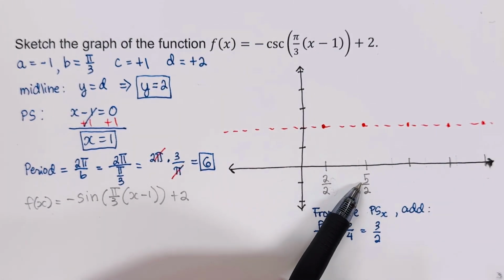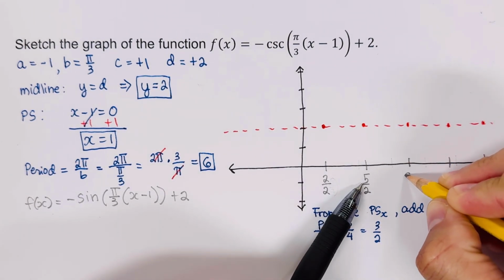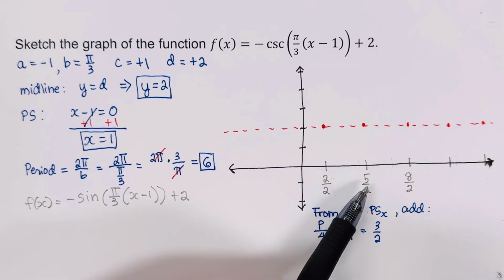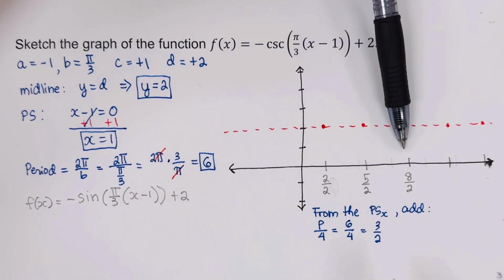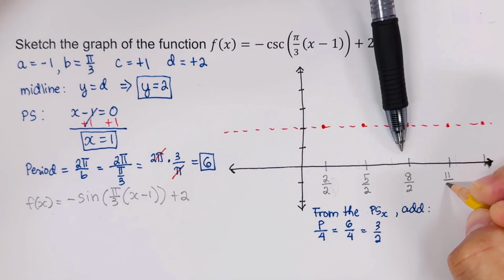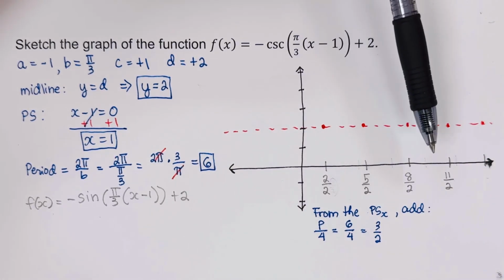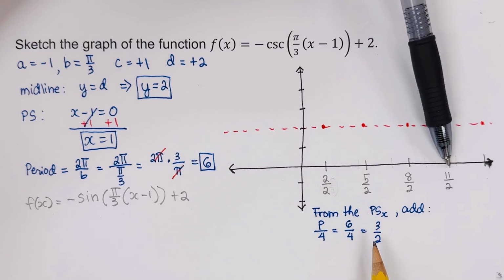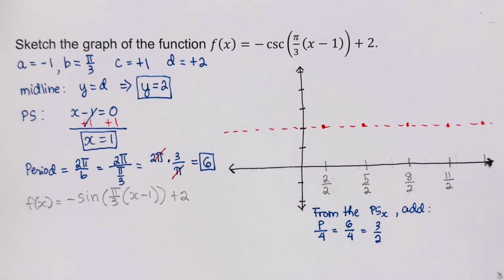Next, 5 halves plus 3 halves would be 8 halves. 8 halves plus 3 halves would be 11 halves. And 11 halves plus 3 halves would be 14 over 2. From here, we can reduce to lowest terms those fractions that can be reduced.